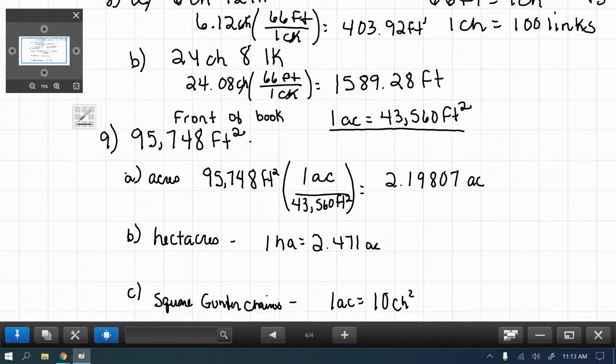So I'm going to bring my acres straight down to this one, since I already know it. And I want it in hectares, so the 1 hectare goes on top.